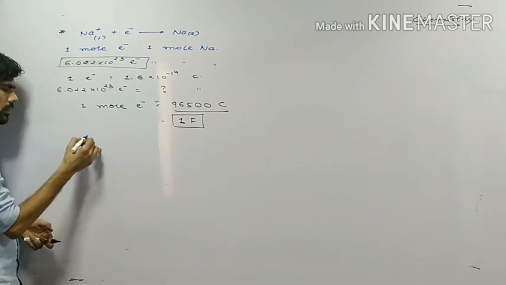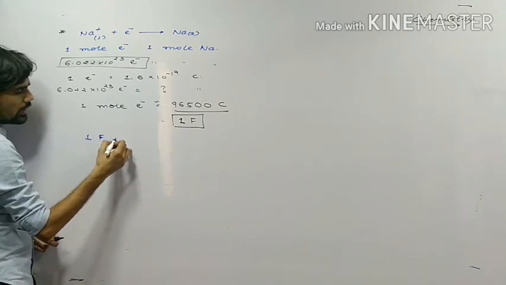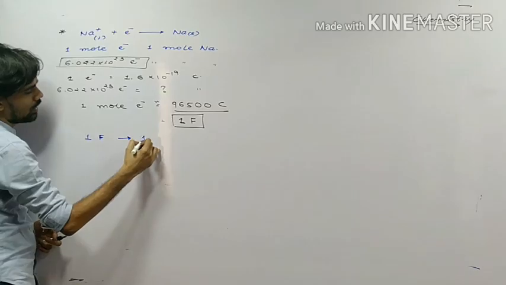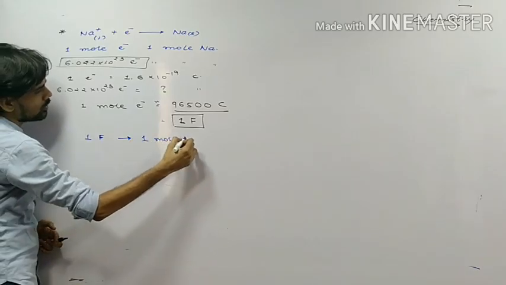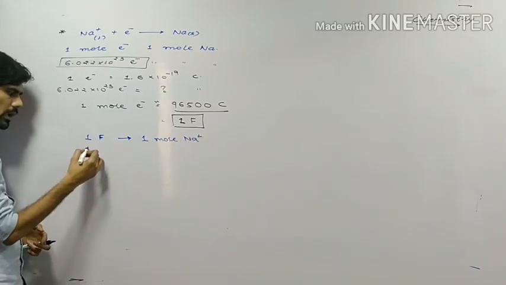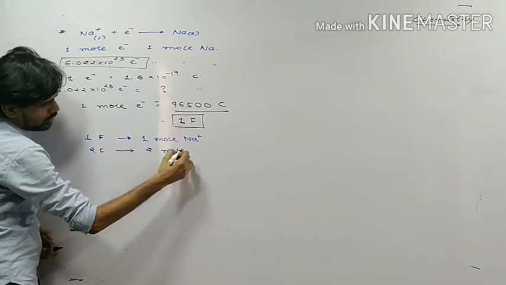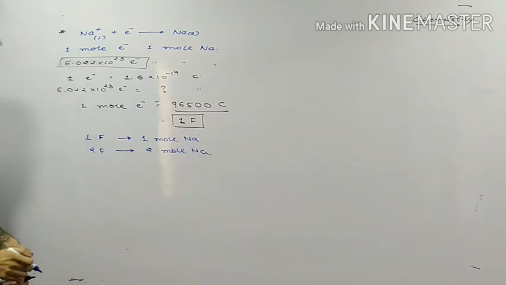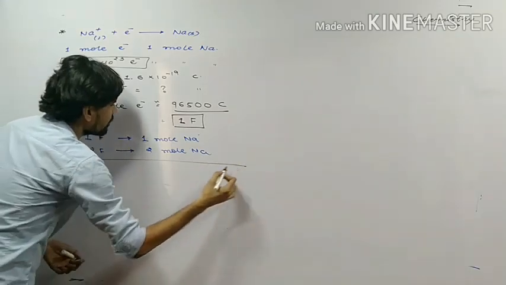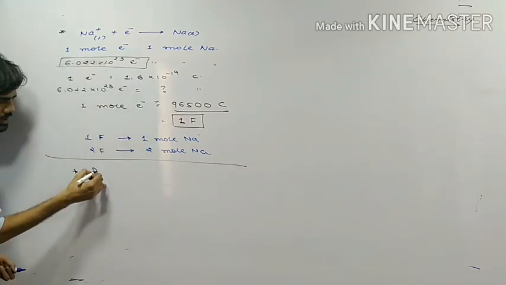So according to this, 1 Faraday gives 1 mole sodium. So if I apply 2 Faraday, it will give 2 mole sodium.